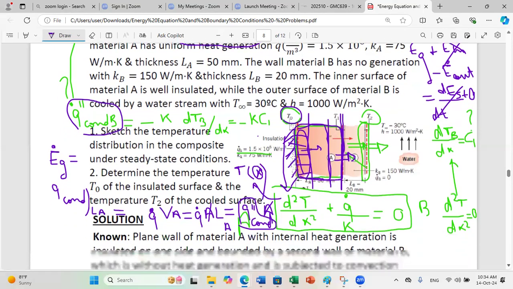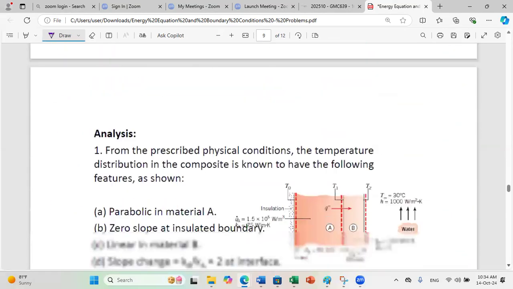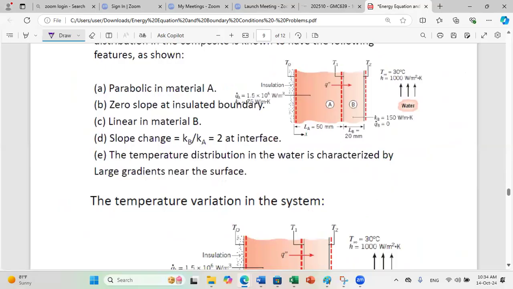So let us remember the steps again. So first, we can start by doing a sketch. As we said, to sketch the temperature variation, we know that in B it's linear, and in material A it's second degree. It's second degree because the second derivative is constant.